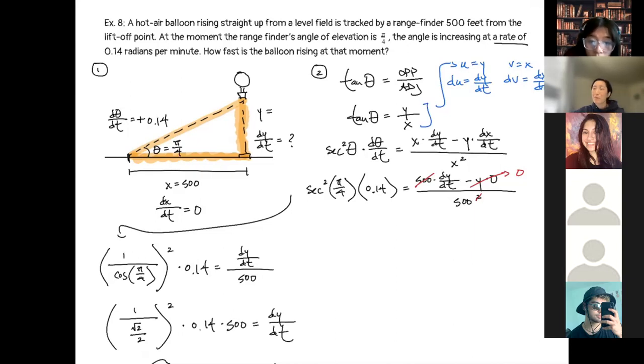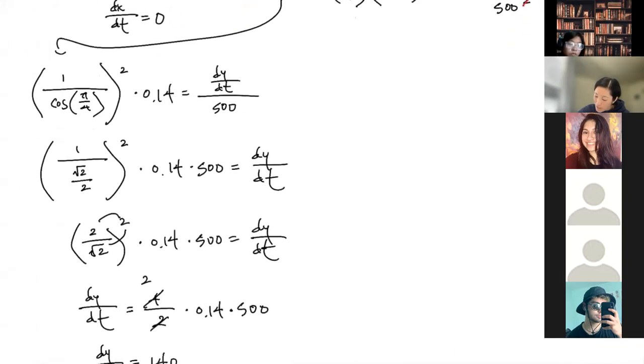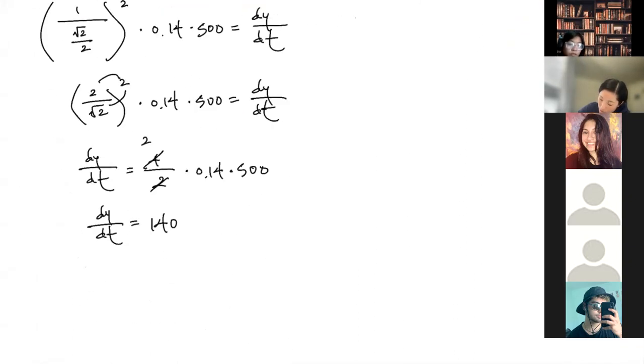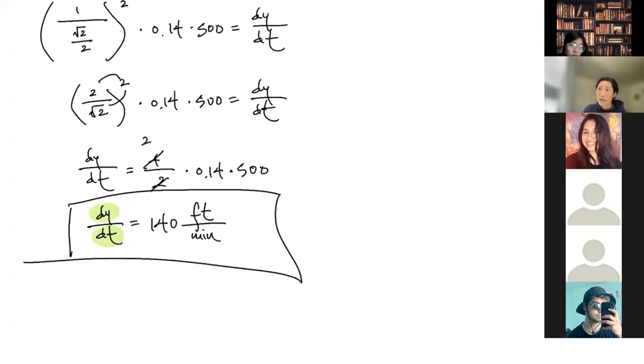Yeah, feet per minute, right? y is measuring a vertical distance measured in feet, and it's not measuring an angle, so we don't want to have radians. But more specifically, our units should match our top and bottom here, meaning the top units should be the y units and the bottom units should be the t units. So we'll get feet per minute as our answer.